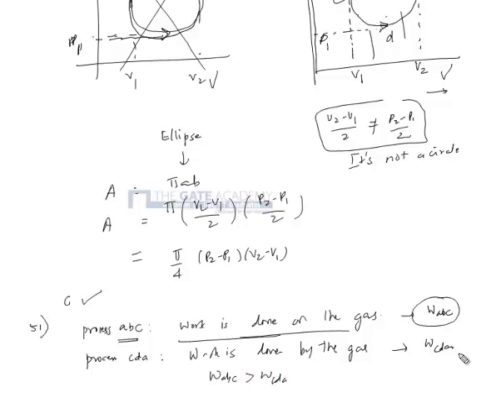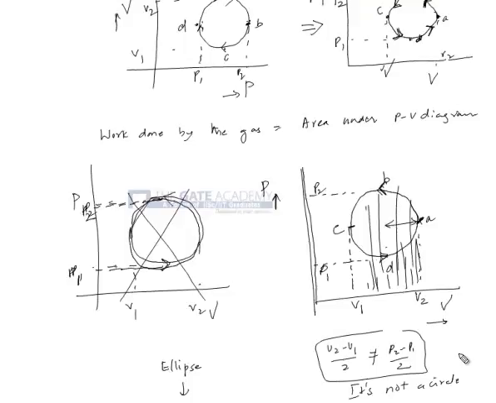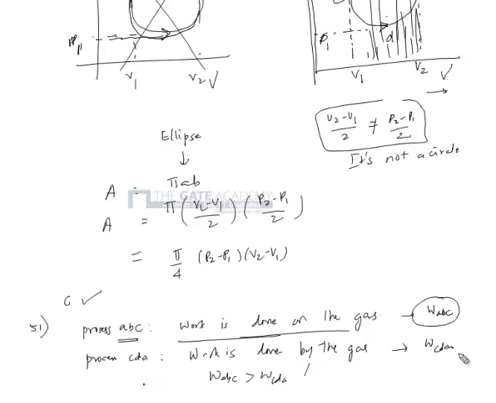This is just because WCDA will be this area and WABC will be this entire area. So WABC is greater than WCDA, so net work is done on the gas. So the answer is B.